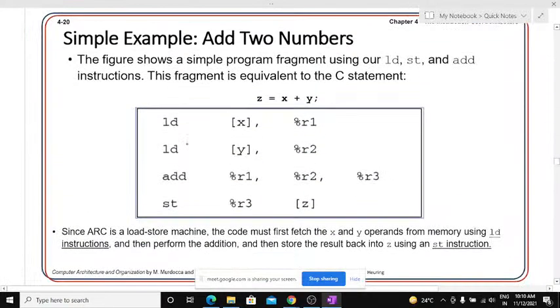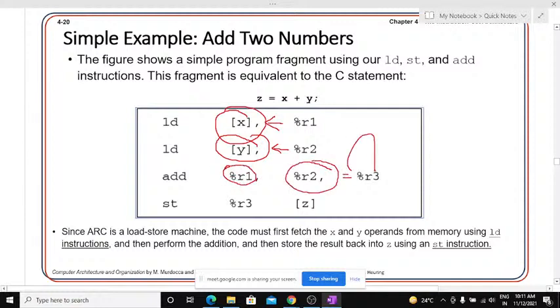Okay. This is a simple example where you are loading X from the content of R1, loading Y from the content of R2, then adding the content of R1 and R2 and storing the result in the R3 register.